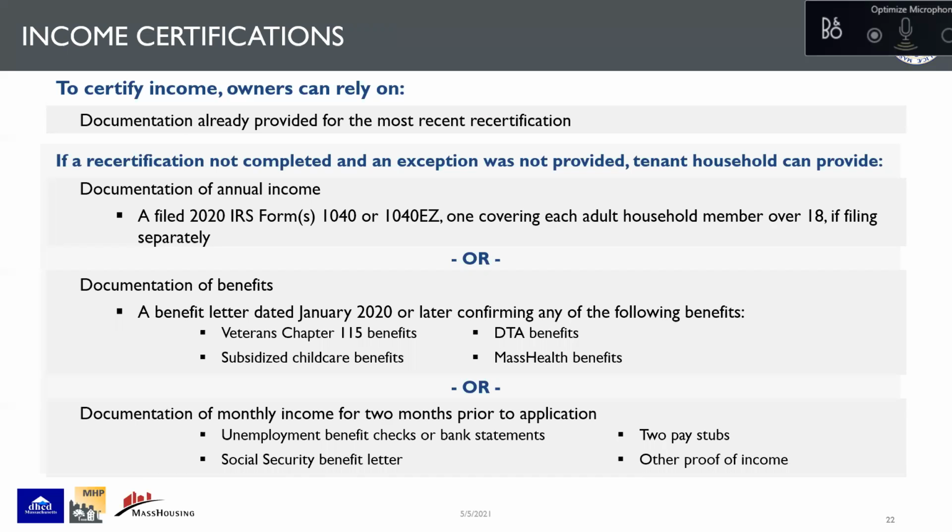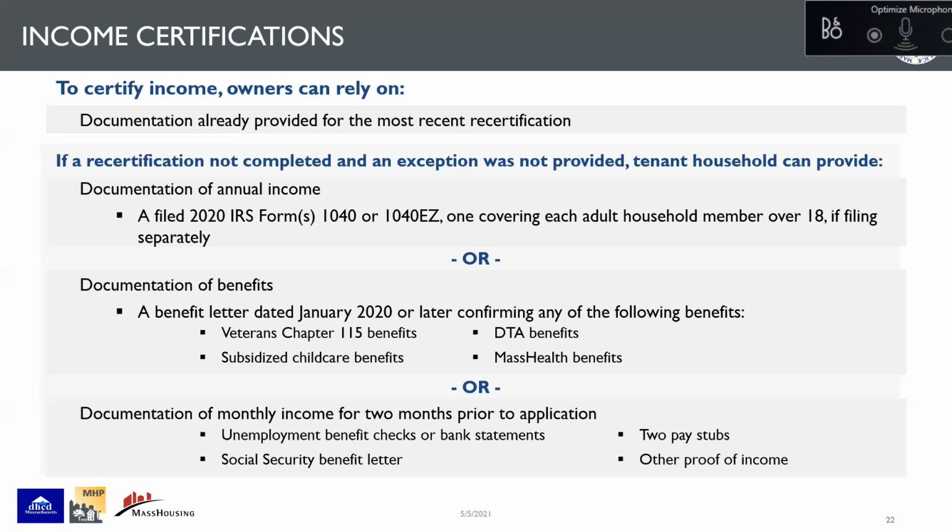provide documentation of benefits. So this includes a benefit letter for households receiving veterans benefits under Chapter 115, subsidized childcare, DTA benefits, or MassHealth benefits. So in lieu of providing a recertification, the household can provide documentation of any of these benefits to verify income eligibility.